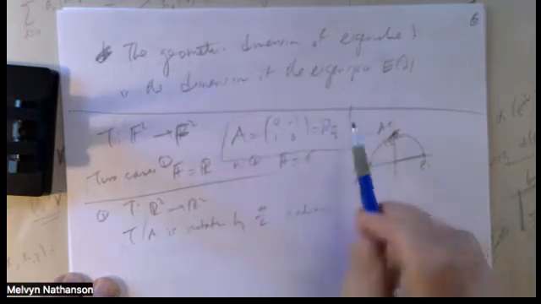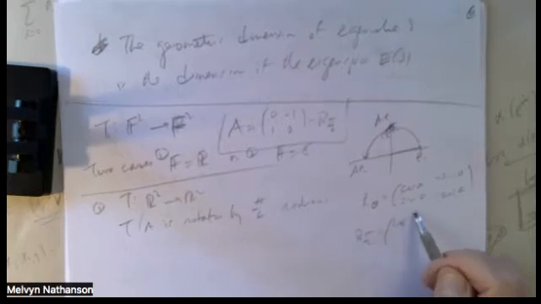If you go back and review, what is the matrix for a rotation in R2 by an angle theta around the origin? R theta is cosine theta, sine theta, minus sine theta, cosine theta.